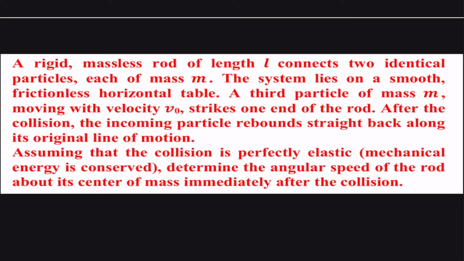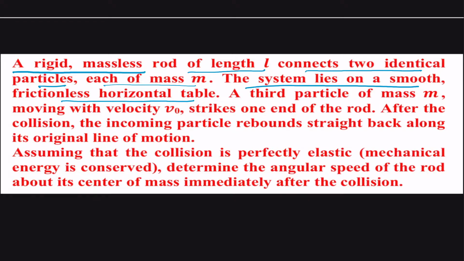The first question we have states that a rigid massless rod of length L connects two identical particles, each of mass m. The system lies on a smooth, frictionless horizontal table.